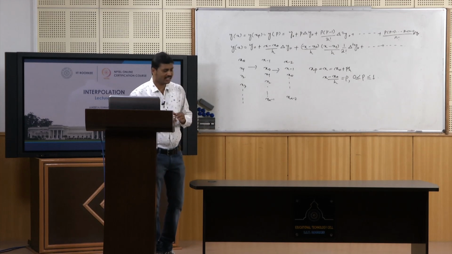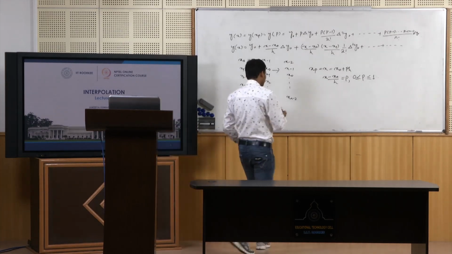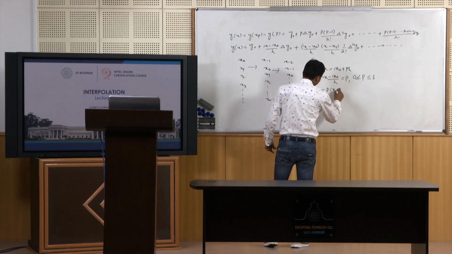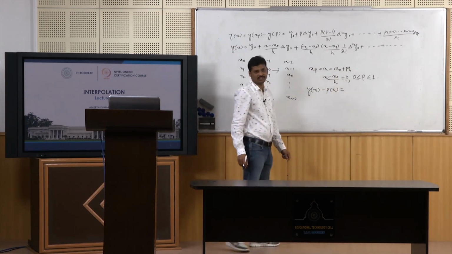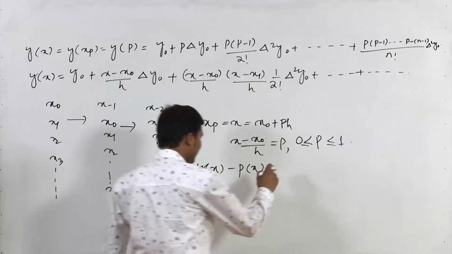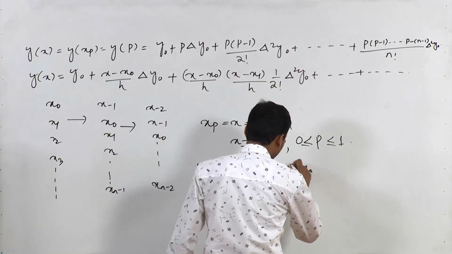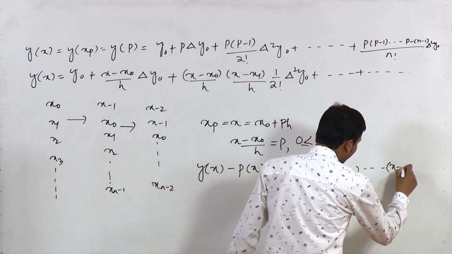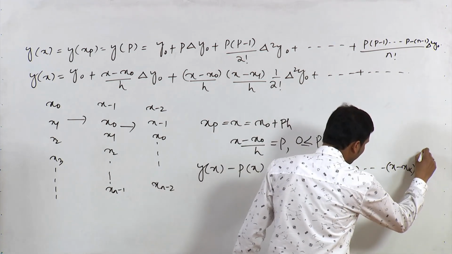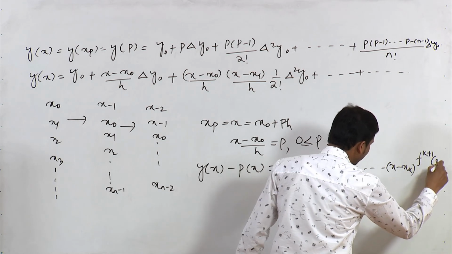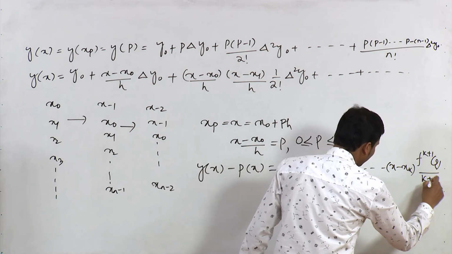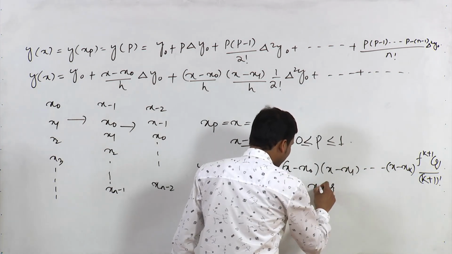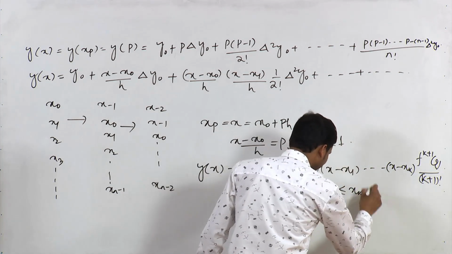And if you take this difference, y of x minus p of x, then this represents the error term at that position. This can be written in the form of x minus x0, x minus x1 up to x minus xk into f to the power k plus 1 of zeta by k plus 1 factorial, where zeta should lie between x0 to xk here.